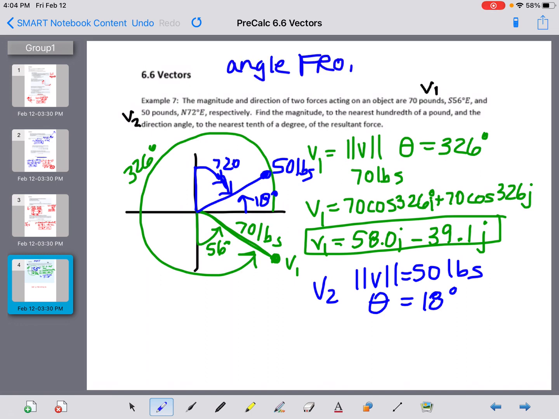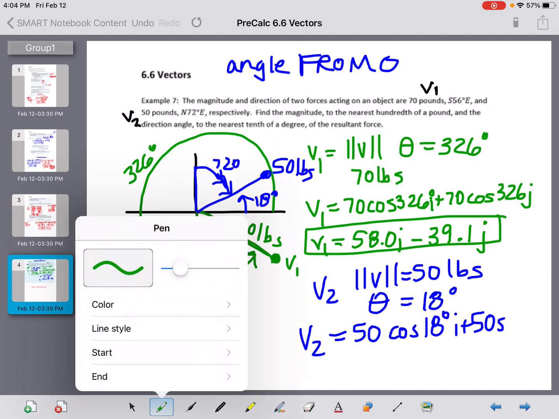from zero every time. Okay, so vector 2, I'm going to have this magnitude of 50 times the cosine of 18 degrees with my I, plus 50 times this. I did totally mess that up, didn't I, up there? Guys, okay.